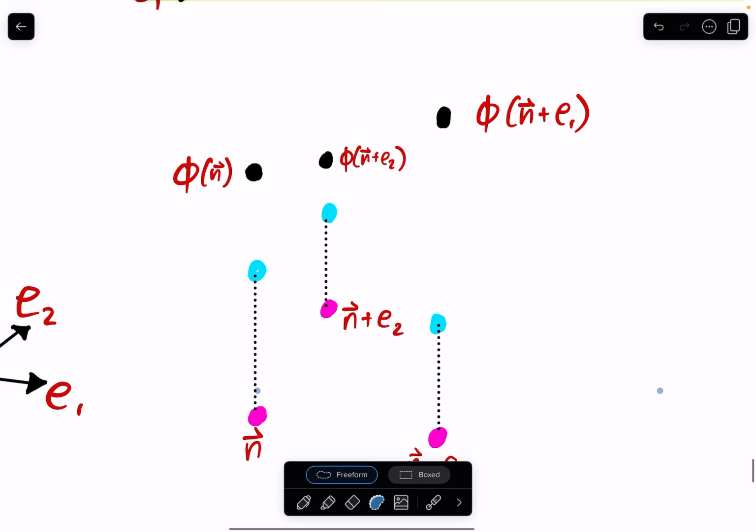Well, then these blue are the origin, and the distance between each of these points is given here.